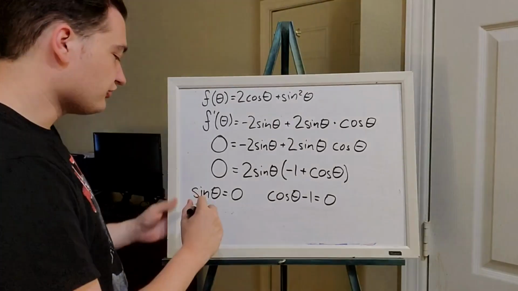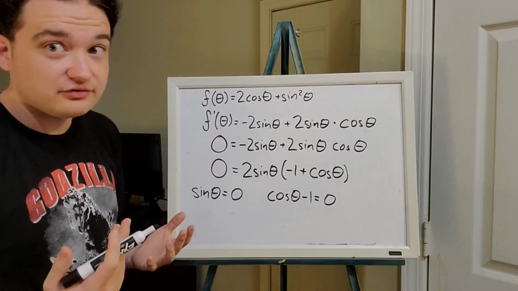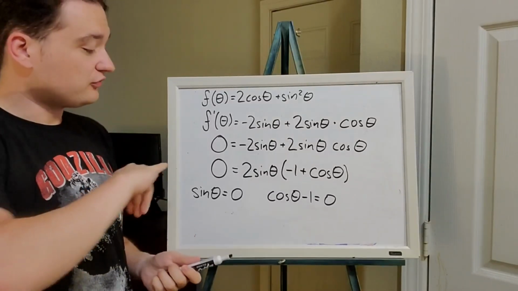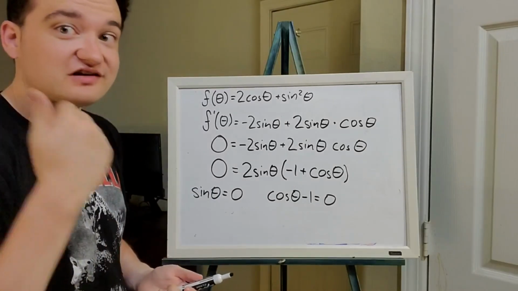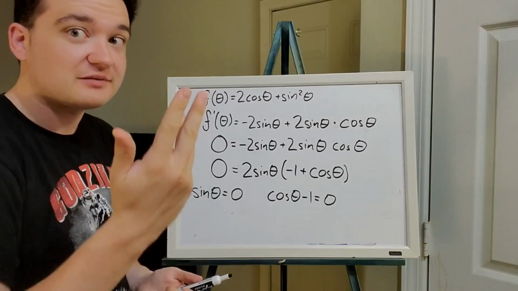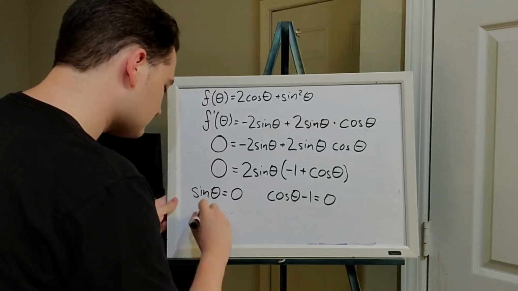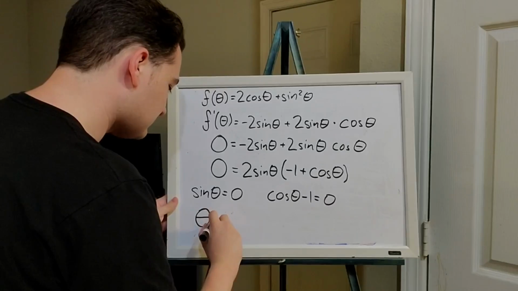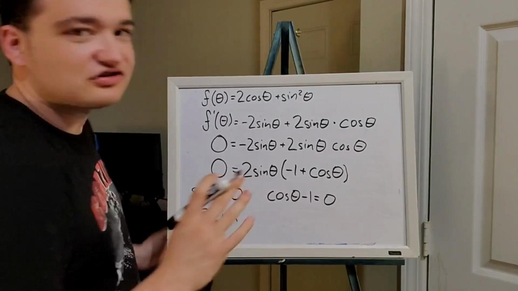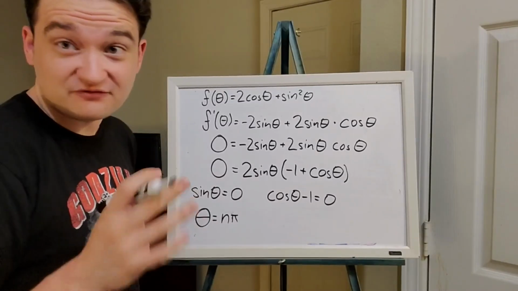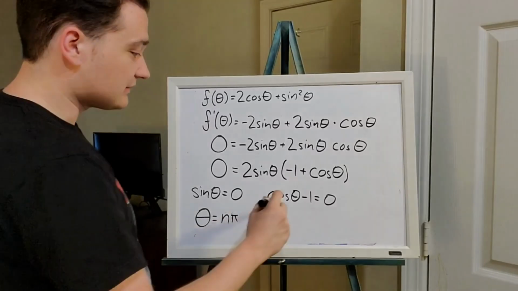Right? So, where does sine of theta equal 0? Well, we know that by the unit circle. It equals 0 where the y value of the unit circle is 0. So that's going to be 0, pi, 2 pi, 3 pi, 4 pi, whatever. Theta equals n pi, where n is just some integer. It's just some number we can name. It could be 5, a million, negative 3, whatever. Okay.